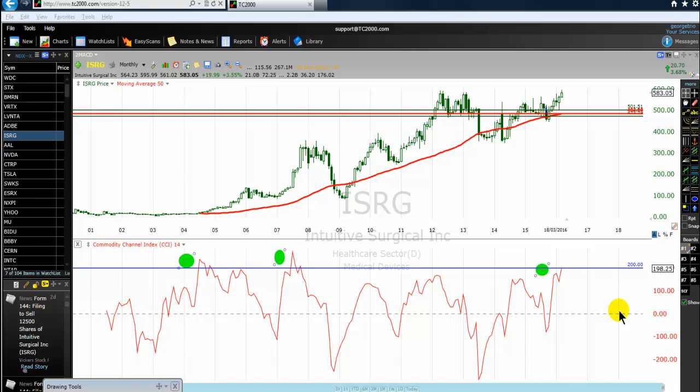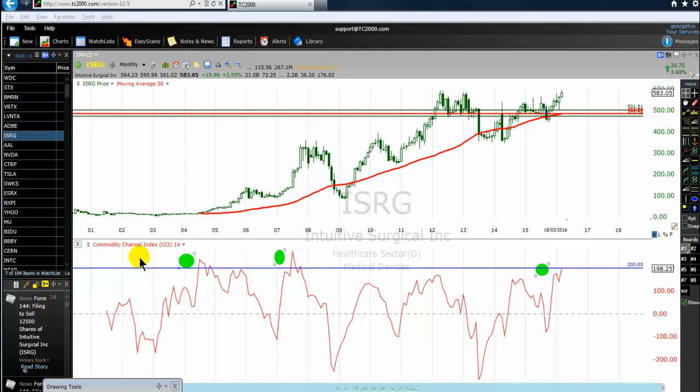And the extreme CCI trading setup will occur when the CCI reaches the level of positive 200 or minus 200. Let me explain myself. I'm looking at Intuitive Surgical Incorporated, EPIC ISRG, India Sierra Romeo Golf, an American stock listed on the NASDAQ 100.